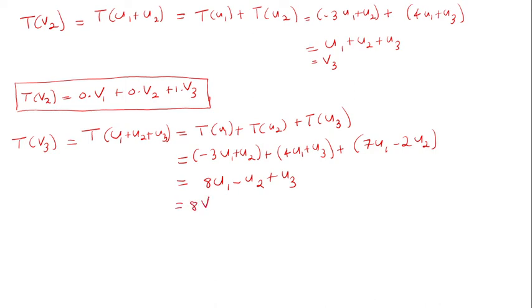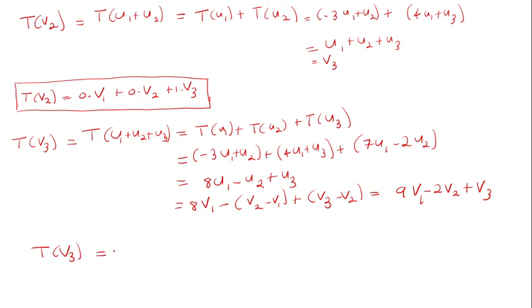I know U1 equals V1 and U2 equals V2 minus V1 and U3 equals V3 minus V2, and I will get my answer as 9V1 minus 2V2 plus V3, and if I write TV3 I will end up at 9V1 minus 2 into V2 plus 1 into V3.